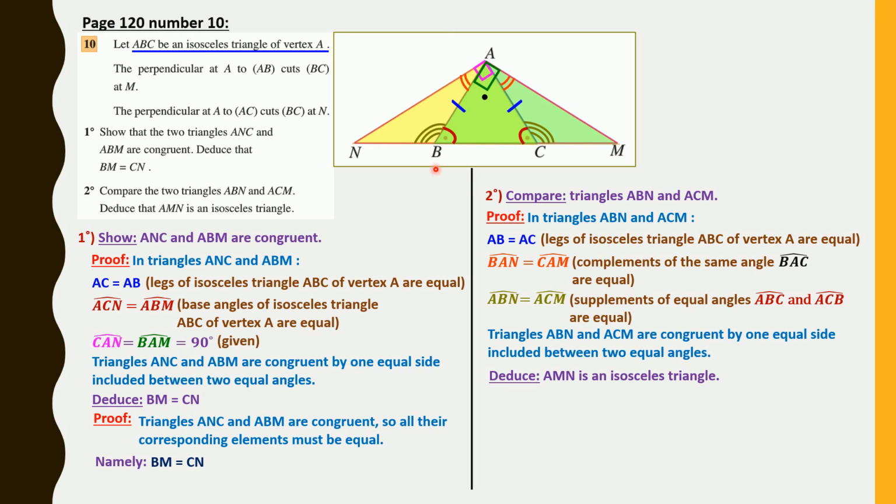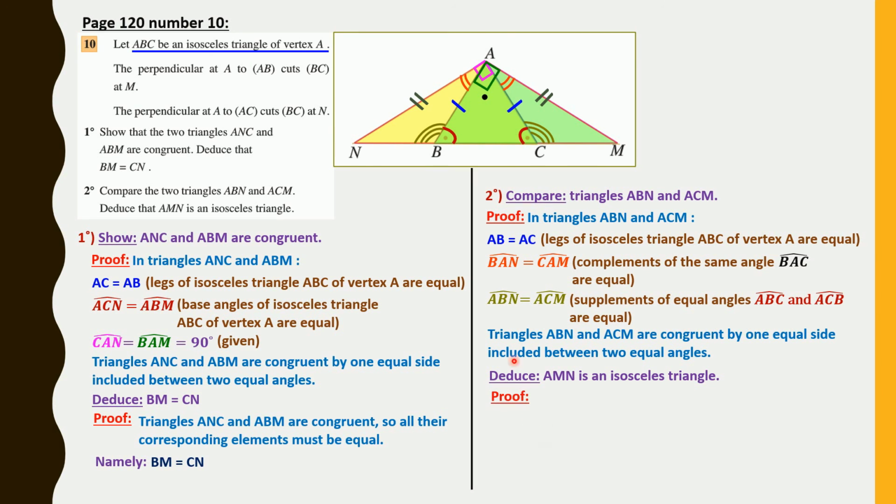You can choose either method. So AN equals AM, corresponding elements of these two congruent triangles, and as a result, triangle MAN is isosceles of vertex A since it has two equal sides, AN and AM.